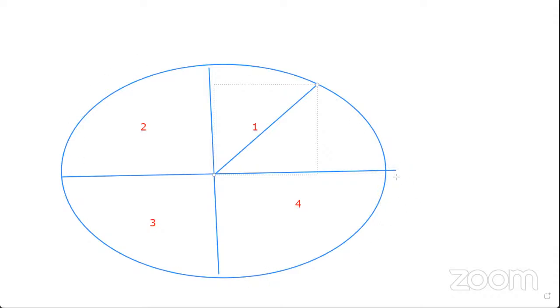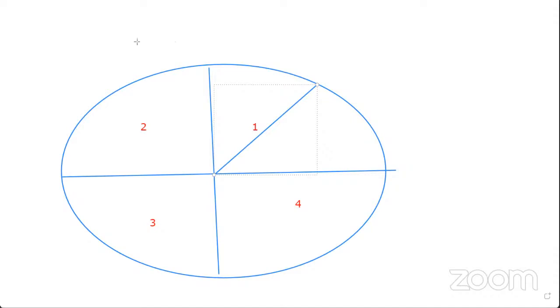After 360, the problem arises. After 360, what will happen? It goes again in the anti-clockwise direction. 360 plus 90 is 450.